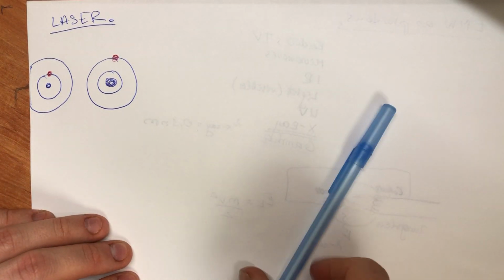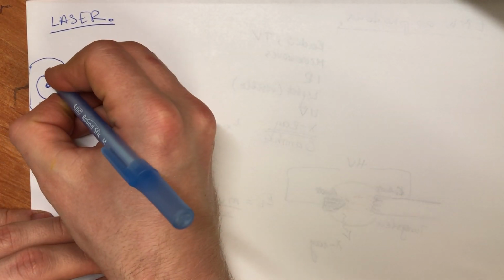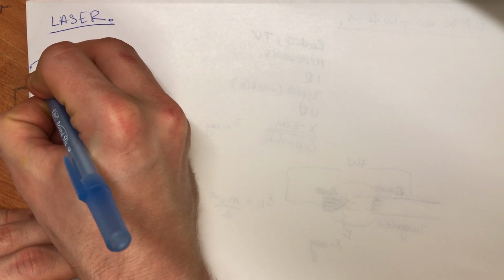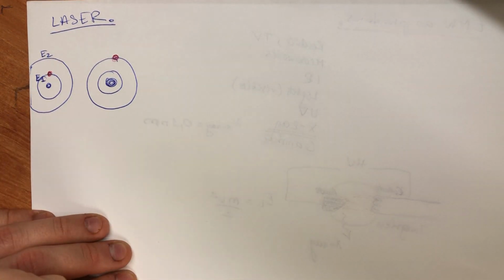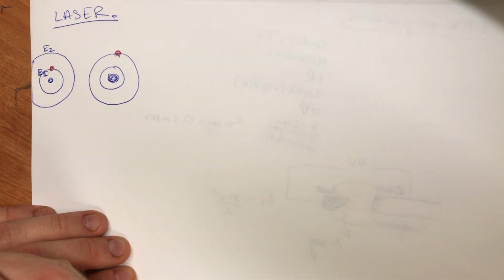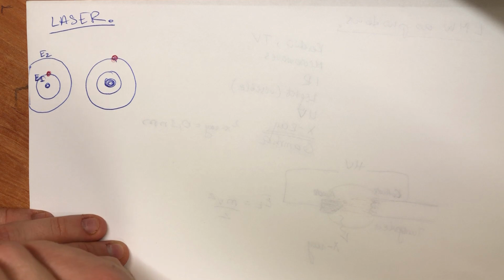The electron is here, at energy E1. Energy E1 is less than energy E2.